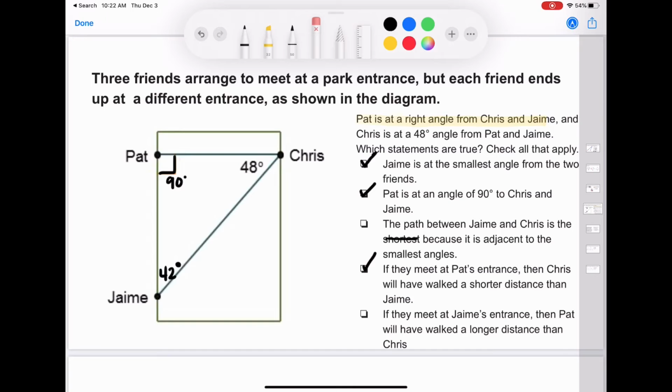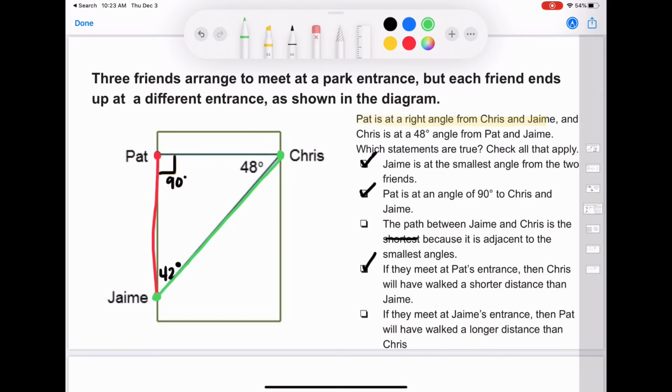This statement says, if they meet at Jamie's entrance, then Pat will have to walk a longer distance than Chris. So they're trying to meet at Jamie's entrance. So Pat will walk like this to get to Jamie. And Chris will have to walk like this to get to Jamie. Okay?